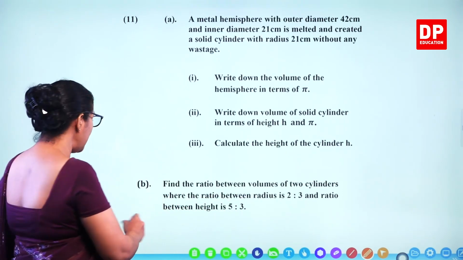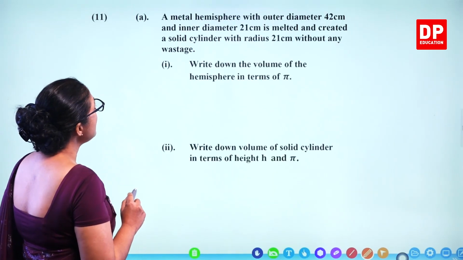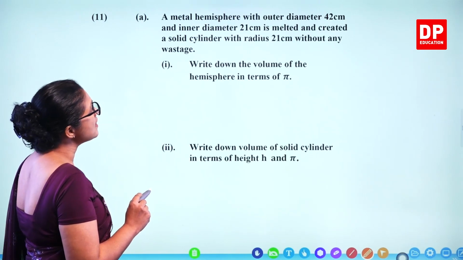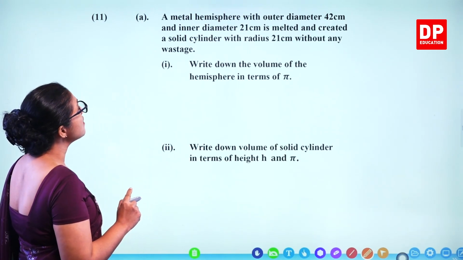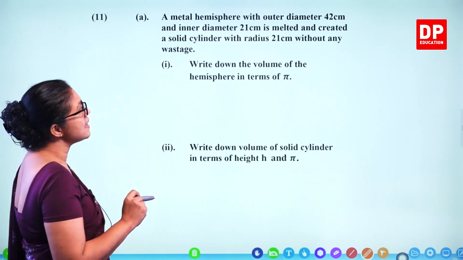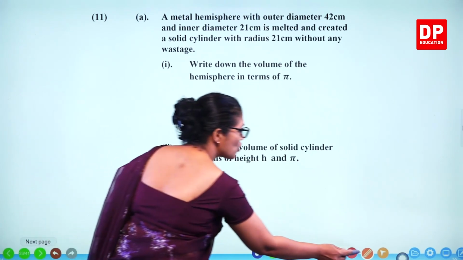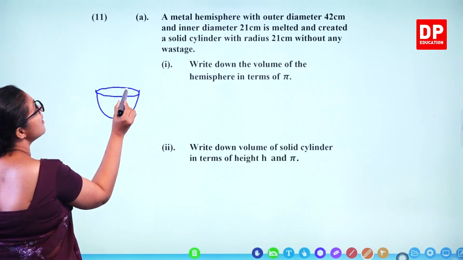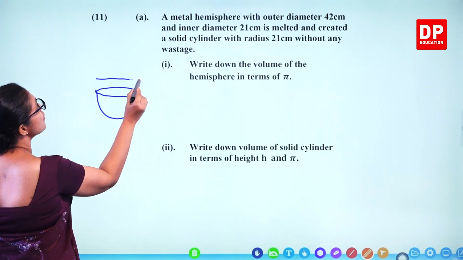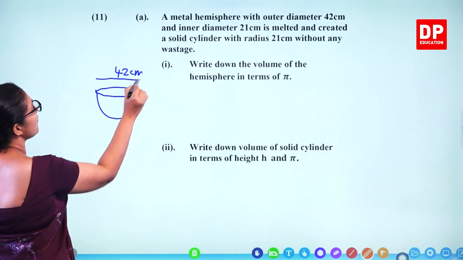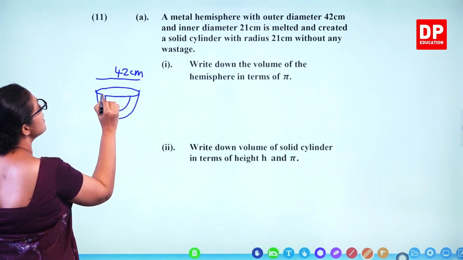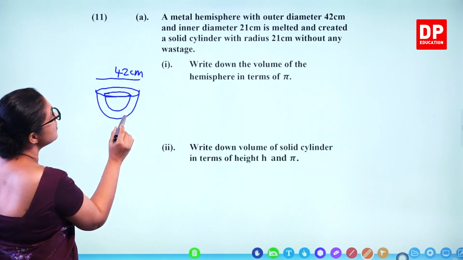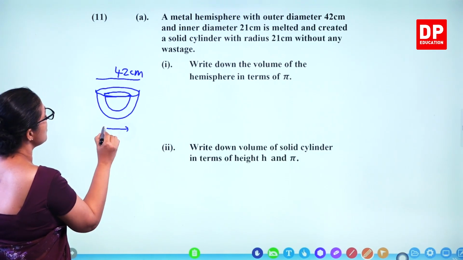So we'll do it separately. A metal hemisphere with outer diameter 42 centimeters and inner diameter 21 centimeters is melted and created into a solid cylinder with radius 21 centimeters without any wastage. So we'll take the hemisphere, the outer diameter is 42 and the inner diameter is 21 centimeters.